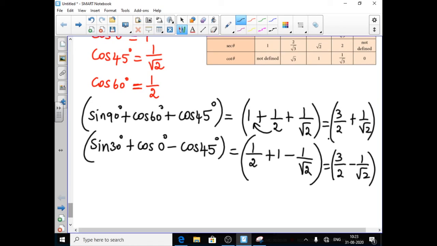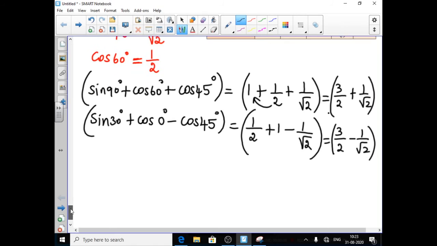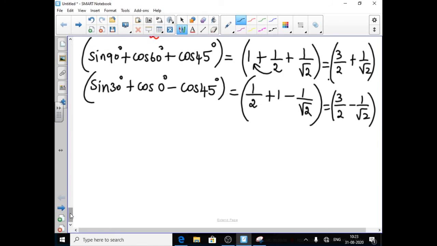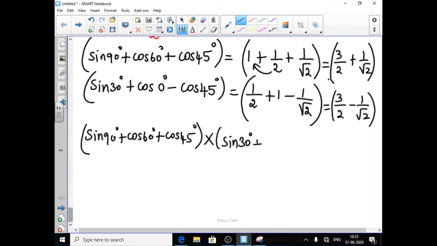So that means we want to multiply these two values, isn't it? Because in the question it is in multiplication. So sin 90 degree plus cos 60 degree plus cos 45 degree into sin 30 degree plus cos 0 degree minus cos 45 degree.